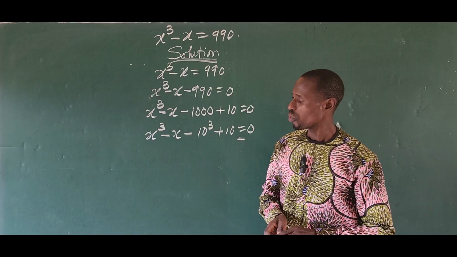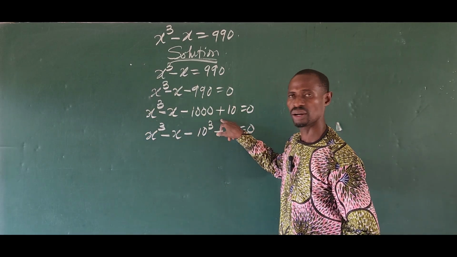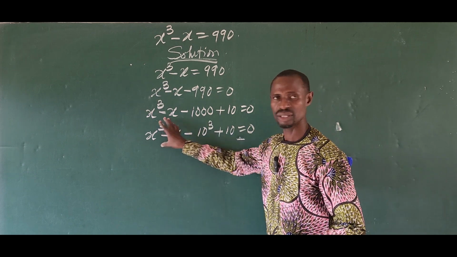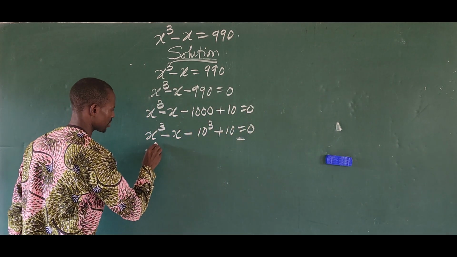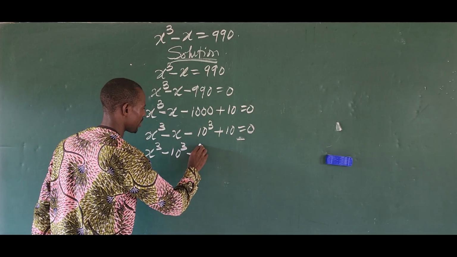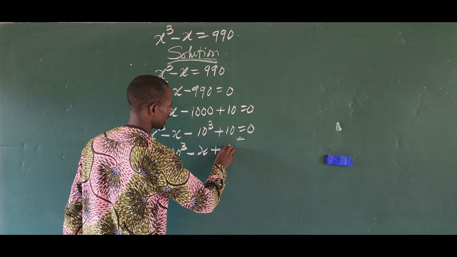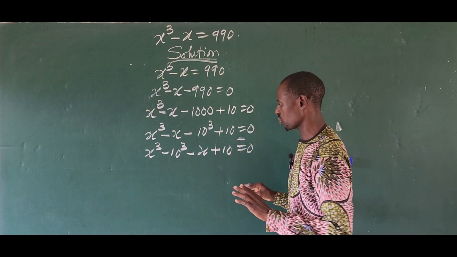Good. So we are having x to the power of 3 here. We are having 10 to the power of 3. So we bring this and this together. So this is going to give us x to the power of 3, then minus 10 to the power of 3, then minus x, then plus 10 equal to 0 here. Okay. So what we do now is this.